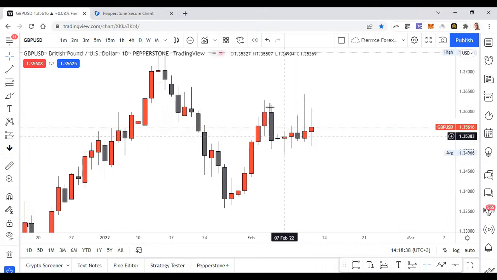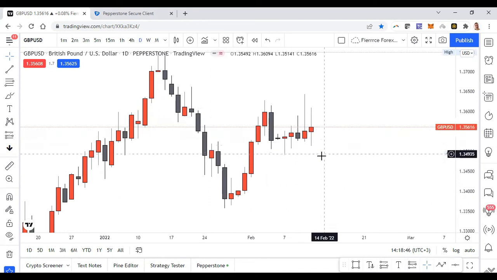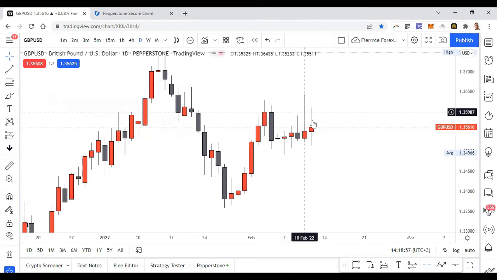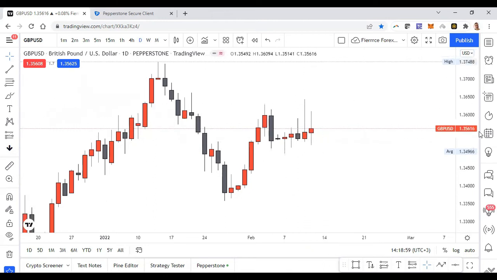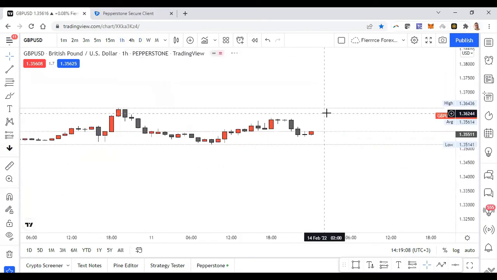As you can see, an interesting formation here. We took out this high here, so there's potential for GU to just continue going up, because it's taken out liquidity on this leg and then pushed up, although the candle was not as aggressive. So I'm 50-50, but we could push up. Let me just look at the 1 hour.